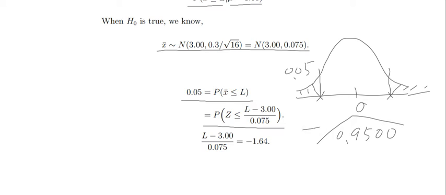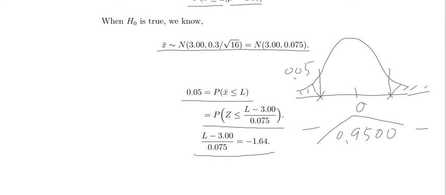We find this cutoff point should be 1.64 or 1.65 or 1.645, right? Either one is okay. Suppose we find this number should be negative 1.64.